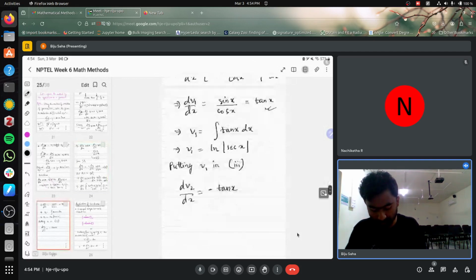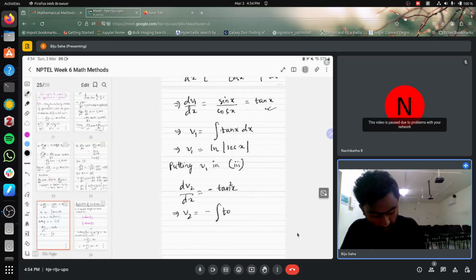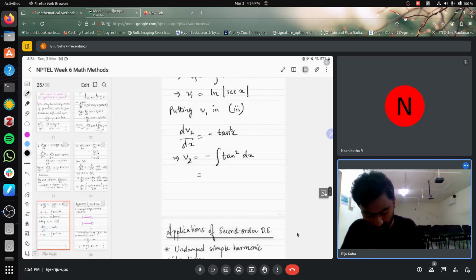So it is tan square x, right? Yes, it is tan square x. So your v2 is the integration of tan square x dx, which is nothing but the integration of sec square x minus 1 dx. So you have minus x here, and the integration of sec square x is tan x.